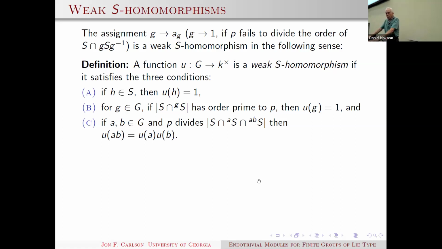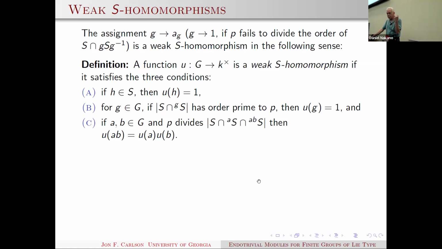And Paul called this a weak S-homomorphism. Actually, he defined something more general that he called a weak H-homomorphism, where H is something else. But here are the rules for this. If I've got a function from G to the non-zero elements of K, it's a weak S-homomorphism if it satisfies the three conditions given.